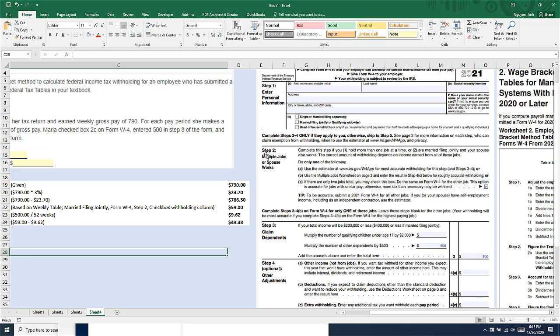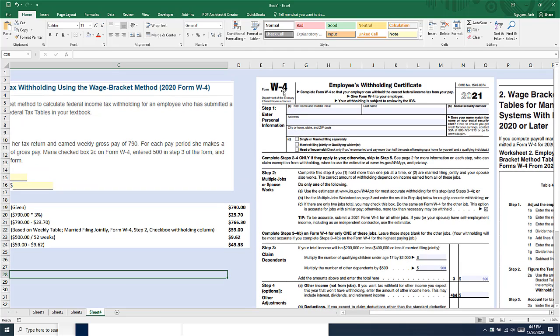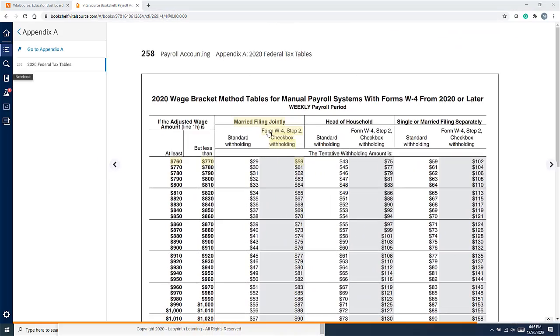And go to the form as you will see. Right here, this is step 2 of Form W-4. This box was checked. Therefore, we use this column here under married filing jointly. If it was head of the household, single, or married filing separately, then we would use these columns. Then we look for the wage, which falls in the range of at least $760 but less than $770.